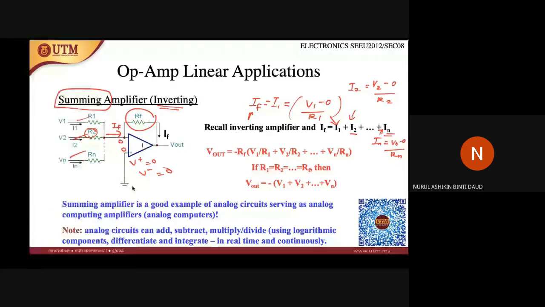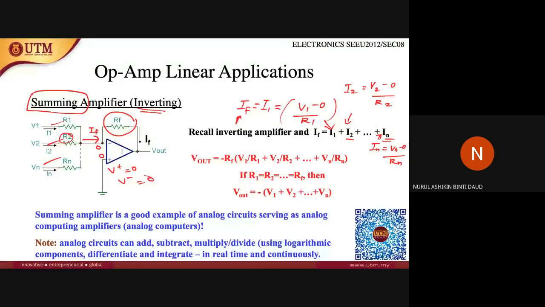Someone just joined us. So if R1 is equal to R2 is equal to Rf, if all these resistance values are the same, you can cancel all these resistor values here, since the values of Rf and R1 are the same.